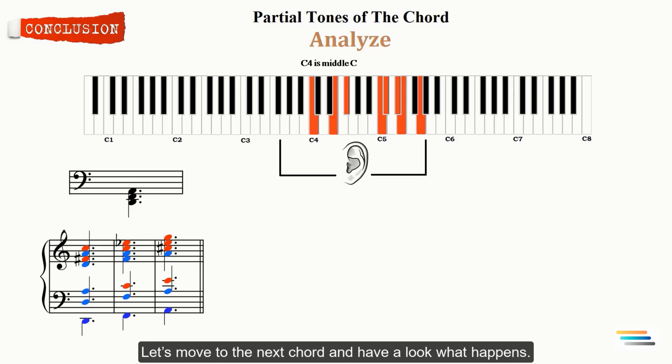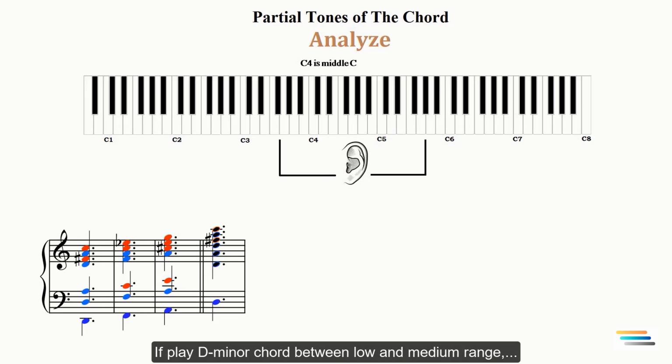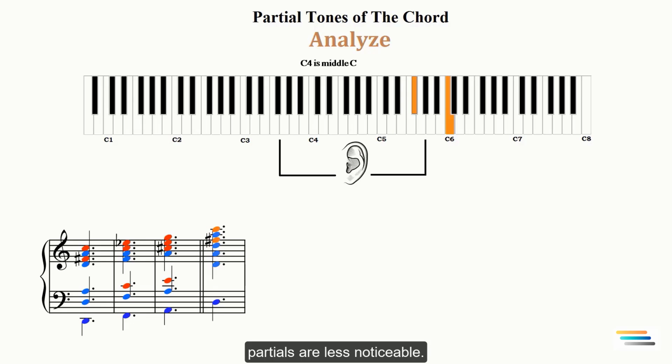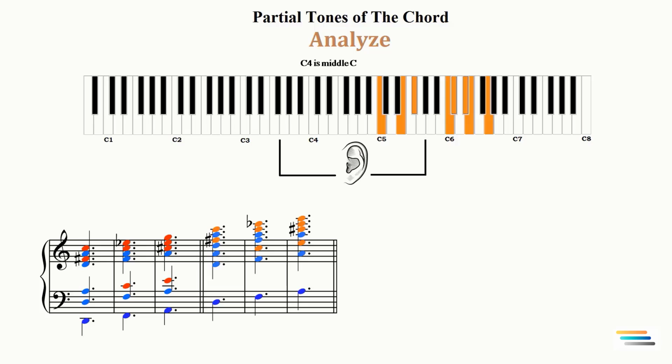Let's move to the next chord and have a look at what happens. If we play a D minor chord between low and medium range, partials are less noticeable, because partials gradually leave the bass hearing area of humans. Next chord in the middle range.